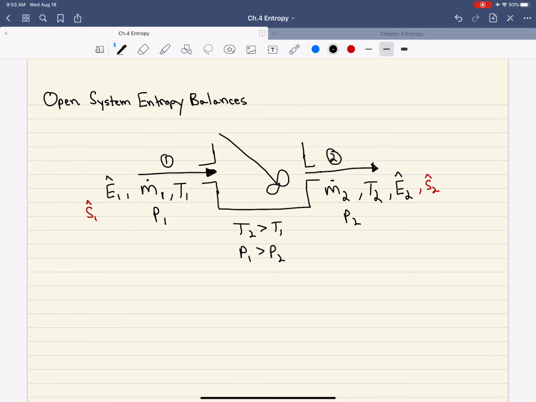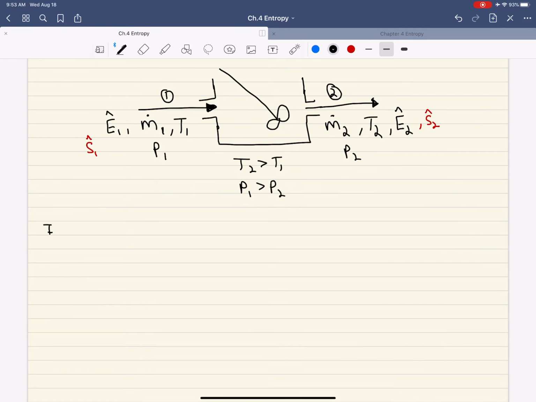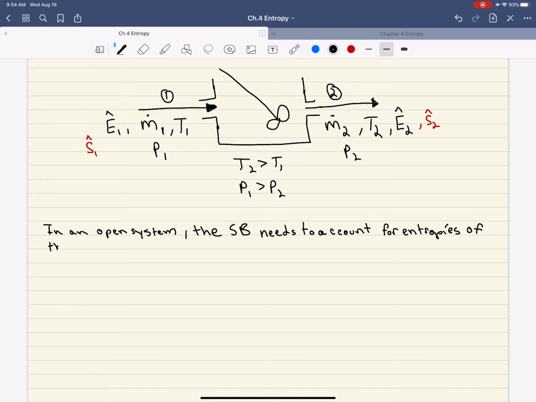And so in an open system, the entropy balance, or SB, needs to account for entropies of the incoming and outgoing streams.